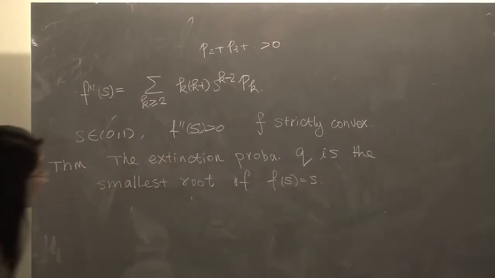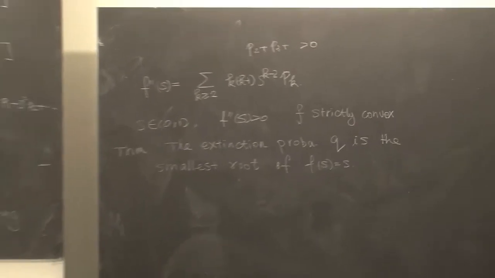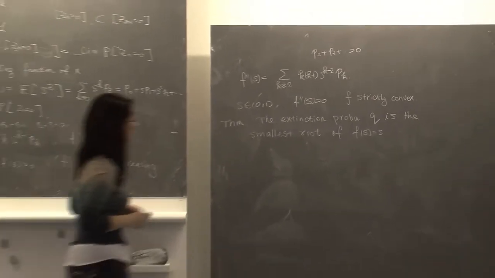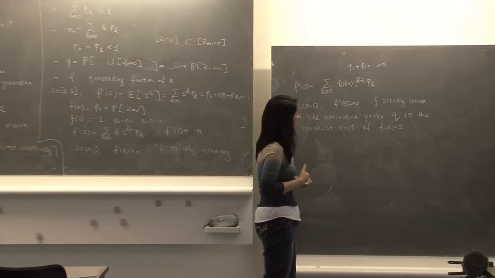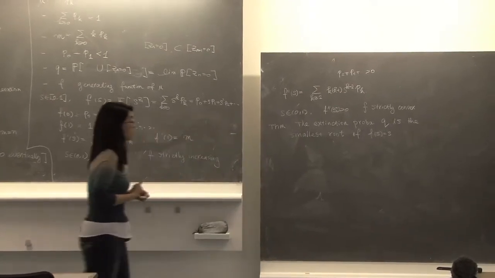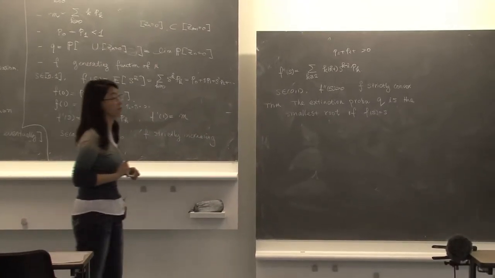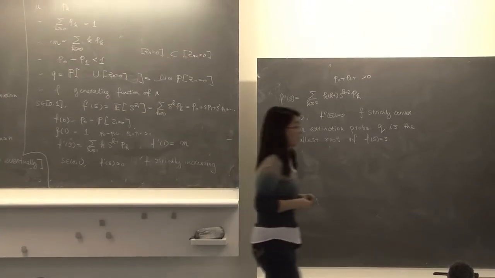For any s, if f(s) equals s, we call this a fixed point of the function. So this theorem tells us that this extinction probability Q is the smallest fixed point of the generating function f. And this is the first step.